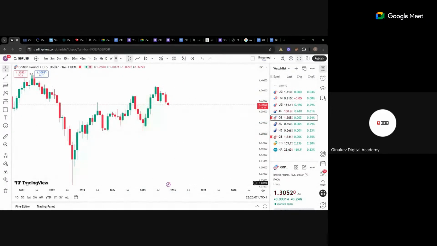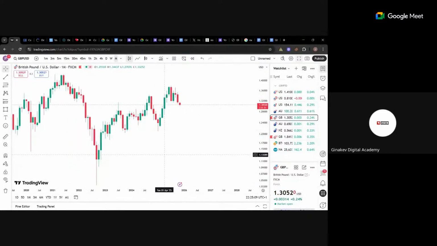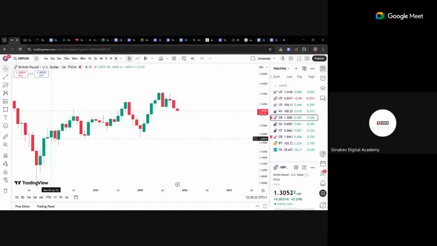So still on that, a market cannot move without reversal. The market in total cannot move without reversal or pullback. Right? Now look at this move. You see this move, from this low to this high.